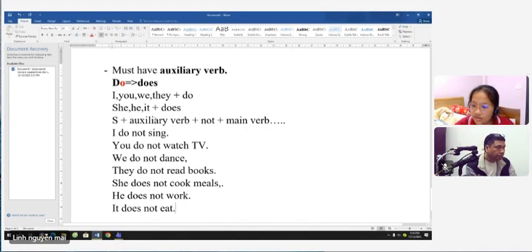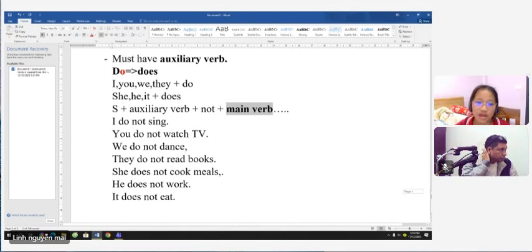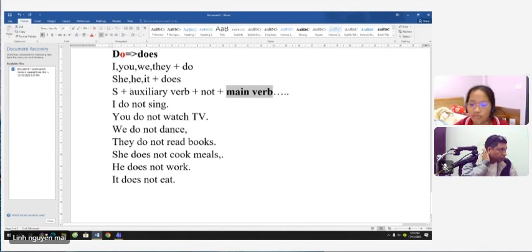So the warning is that the main verb in the negative sentence does not change. We don't put s or es or change the verb. Okay? So you must remember that when we have an auxiliary verb, the main verb will not change.